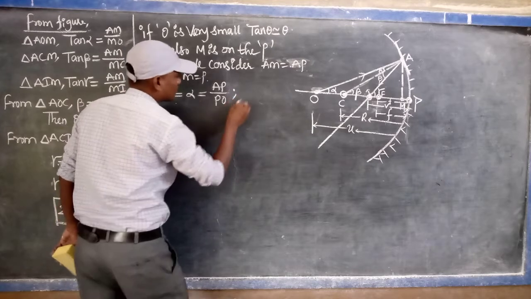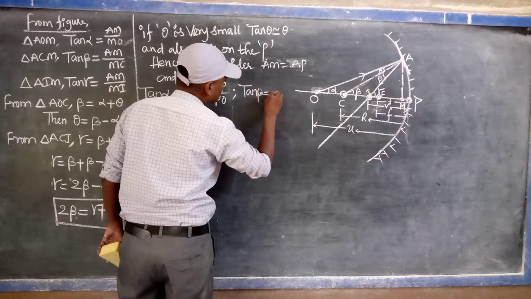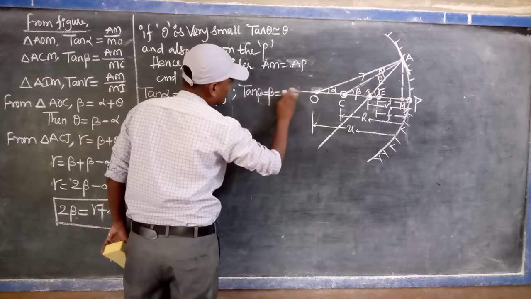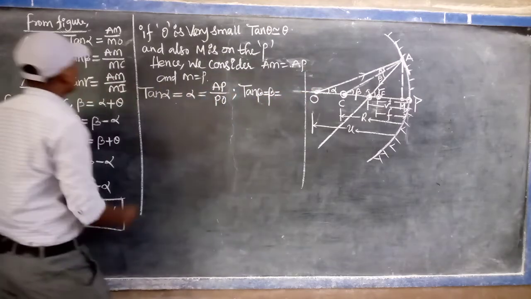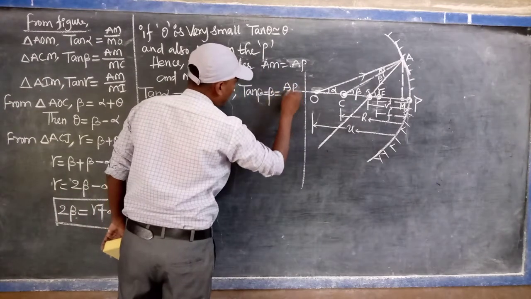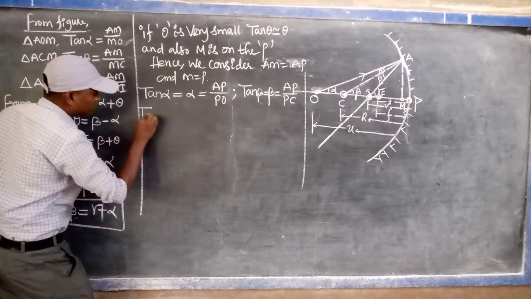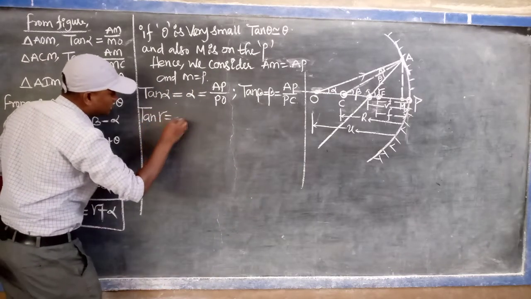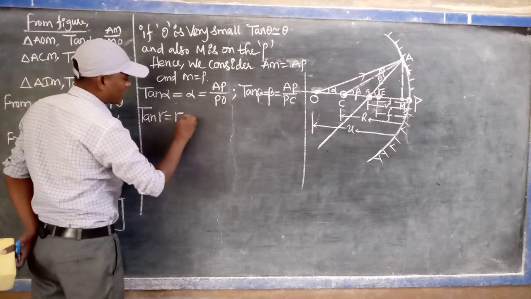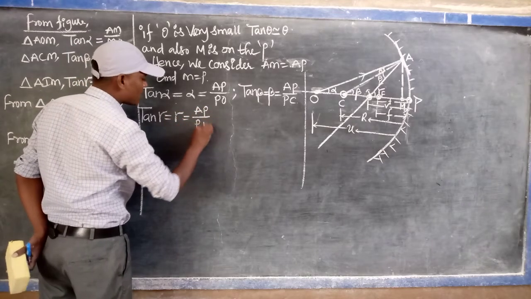Next, tan beta is equal to beta, that is equal to AM upon MC. AM means AP, upon PC. Next, tan gamma is equal to gamma, that is equal to AP upon PI.